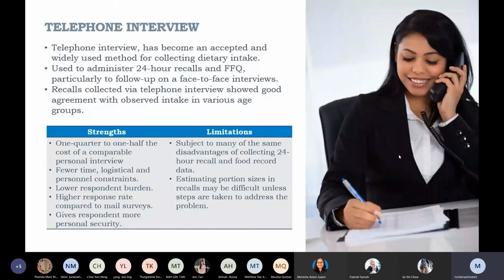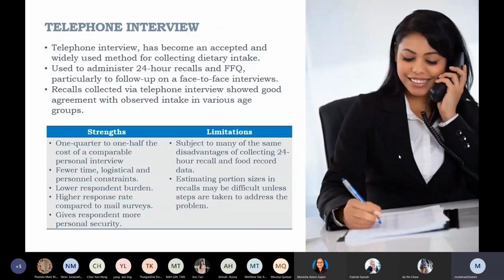The first one is conducted face-to-face, and the final one is also conducted face-to-face. And maybe you need to repeat an FFQ. The first one is conducted face-to-face, where they are trained to answer, and the second FFQ is conducted through telephone interview.